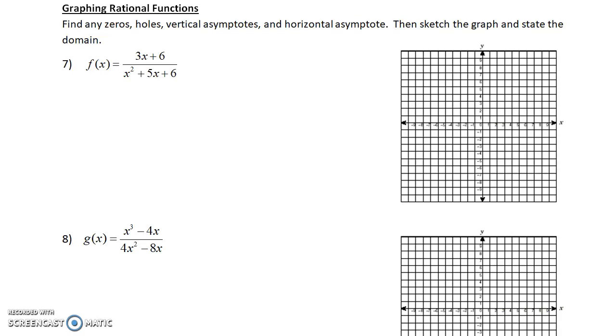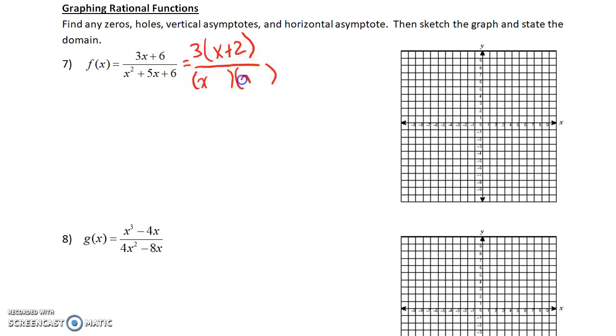Okay, so the first step, we would want to try to factor everything. So we would want to factor our numerator. Here we are. We see 3x and 6 have a common factor of 3, so we factor that out, and we are left with x plus 2 in the numerator. Then the denominator. Remember, we want our two sets of parentheses to factor this.